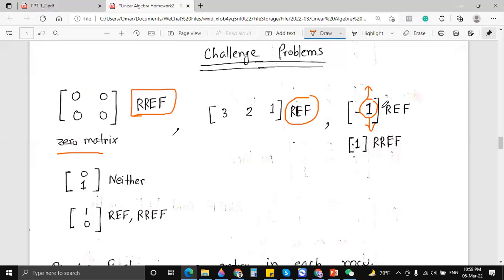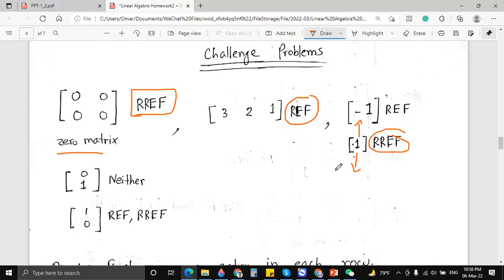That's why this is also an RREF, a reduced row echelon form matrix. In the last example here, this is 1, so our pivot point is 1. Above and below the pivot point, all the entries are 0. That means it is RREF form.